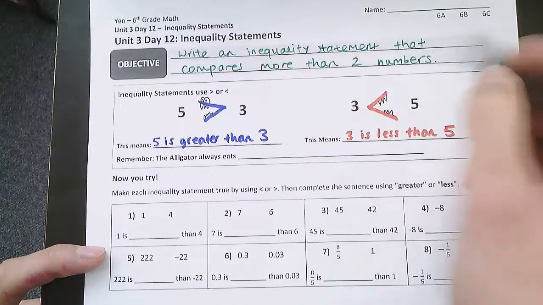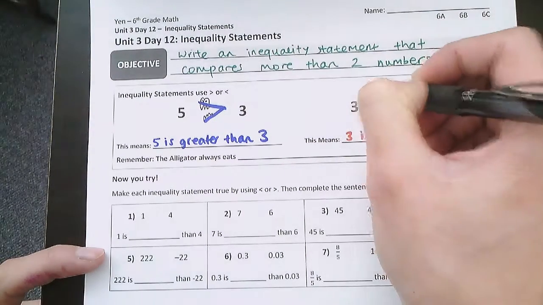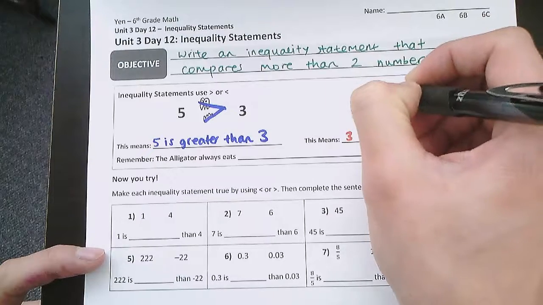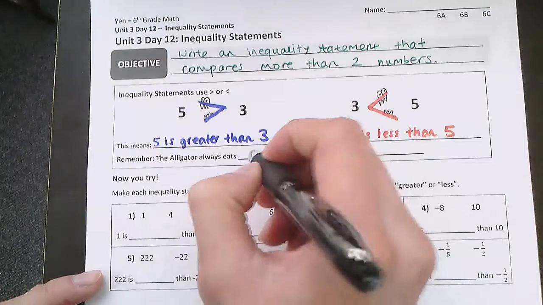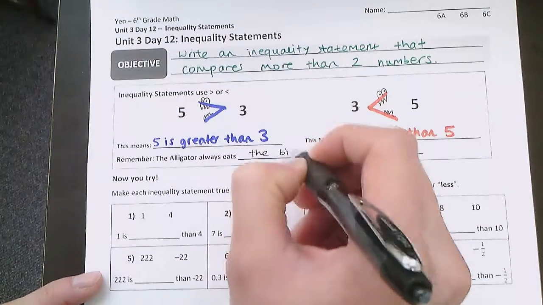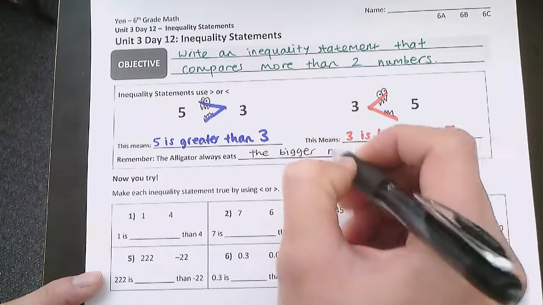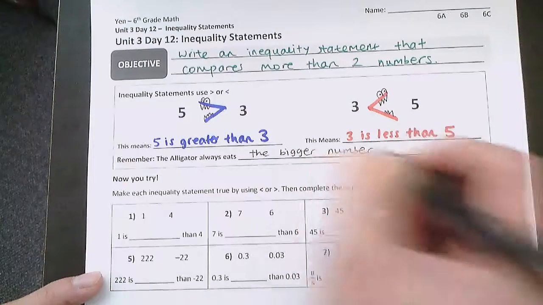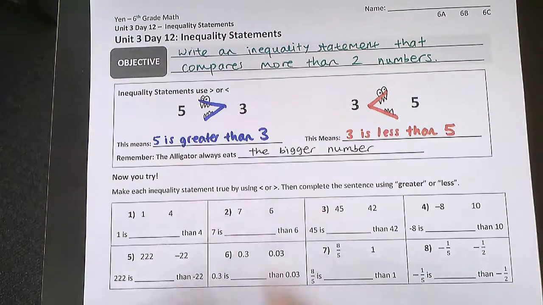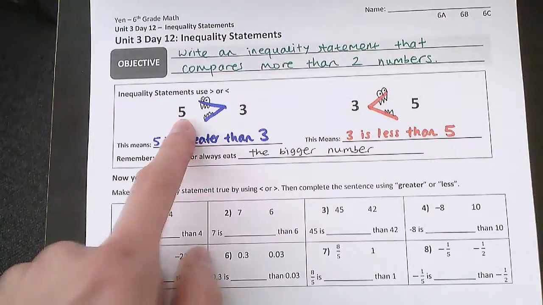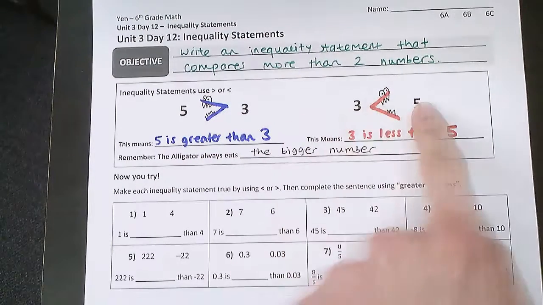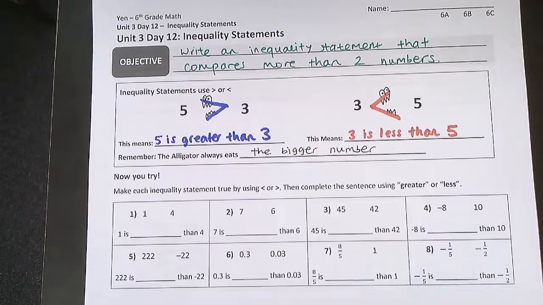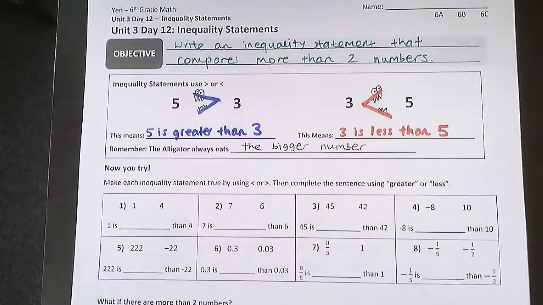Om nom nom. Right? And the alligator always eats the bigger number. So in this case, the alligator is eating the 5 because 5 is bigger than 3. And in this case, the alligator is facing this way. It's eating the bigger number. So the alligator always eats the bigger number.